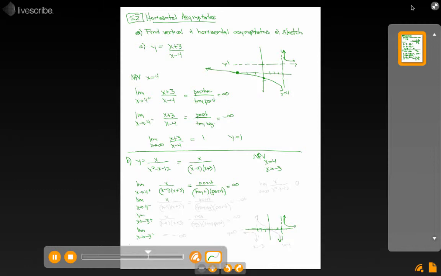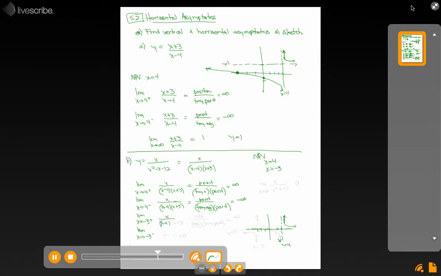If you try the same thing as you approach from the left, numbers like 3.99999, you do have positive, but you have a tiny negative here and a positive. So we do have approaching negative infinity, which again confirms we have a vertical asymptote at x equals 4.